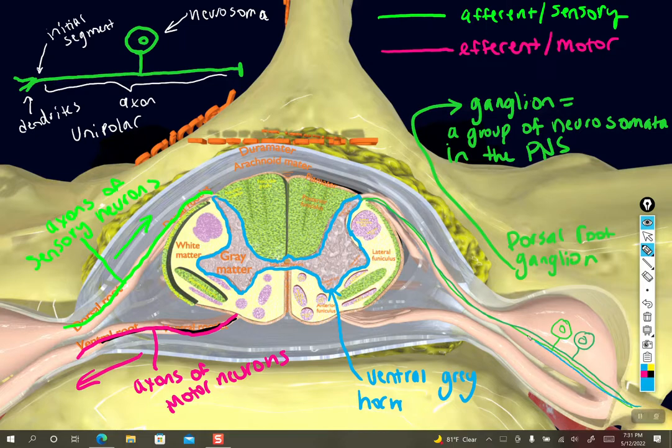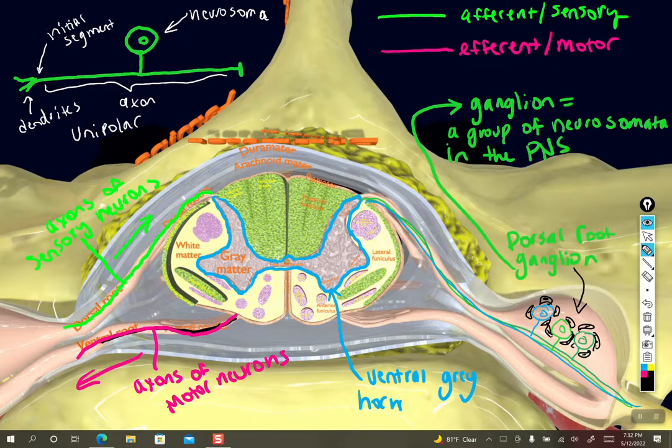And they're accompanied by glial cells called satellite cells, which help them deal with neurotransmitter stuff and all kinds of other things. So the ganglion, because it's housing cell bodies and glial cells, creates a bulge, which is visible. So there's a dorsal root ganglion on the dorsal side, and there's one on the left and one on the right.